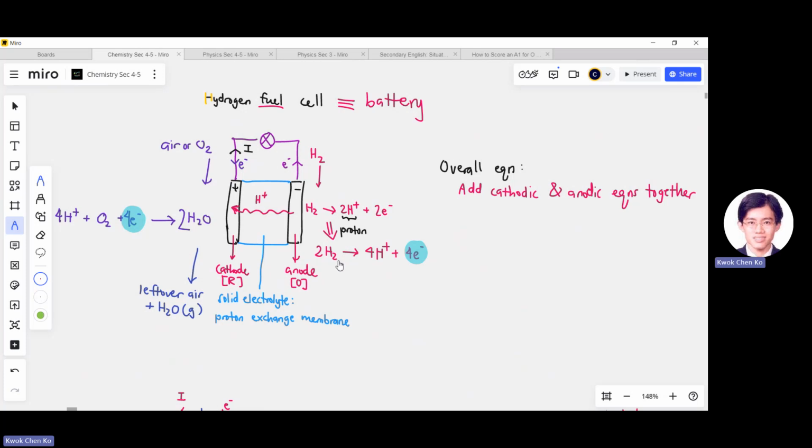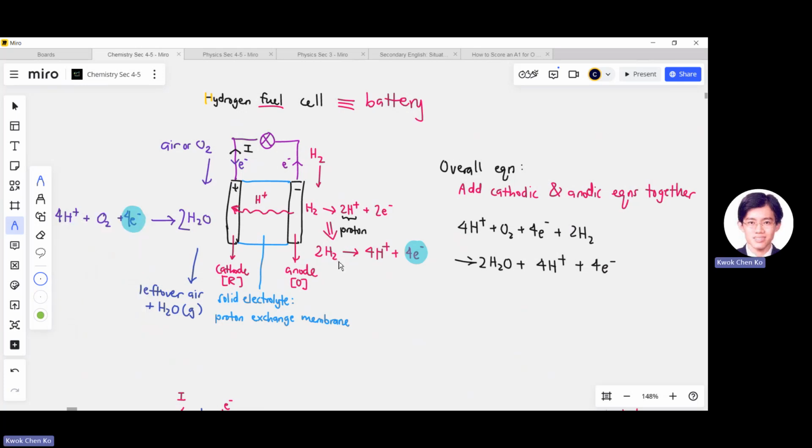What do you get? I get 4H+ + O2 + 4 electrons + 2H2, and I get 2H2O + 4H+ + 4 electrons. This is what I will get.